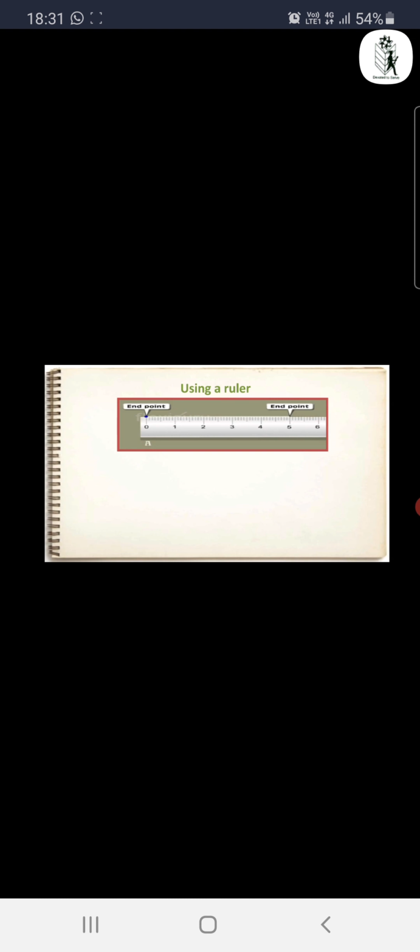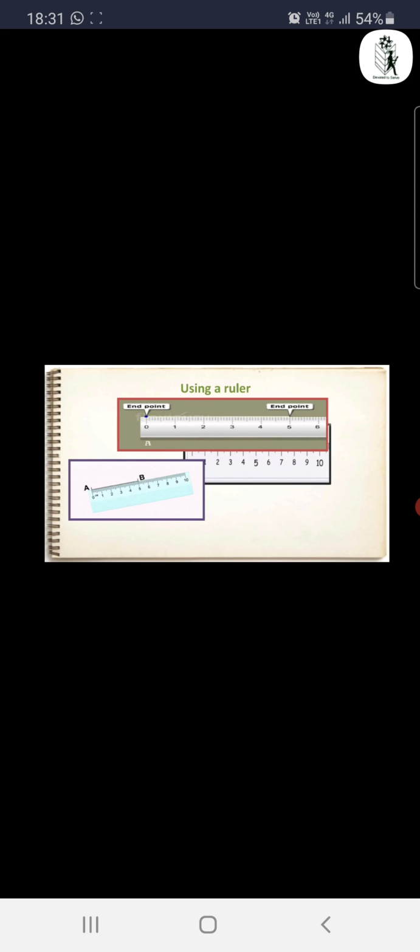So we can say that the given line segment AB is 5 centimeters. Always start the starting point from 0 and not in between 0 and 1 or from 1. The correct way of using a ruler is always to start from 0. So we can say the first figure is rightly used and the second way of placing the ruler is wrong.